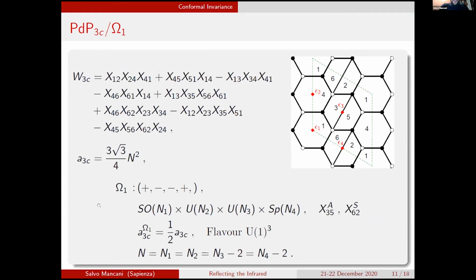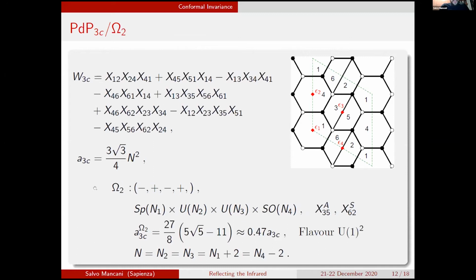The first one we call omega 1, and the conformal point is defined by these relations between the ranks. We see that there are 3 cubic flavor symmetries, and we stay in the first scenario, so the A charge is half of the parent theory.